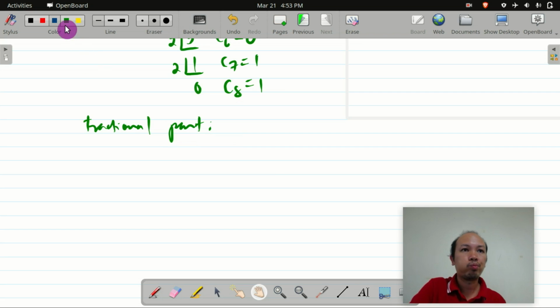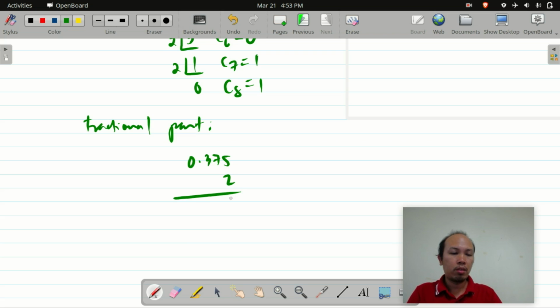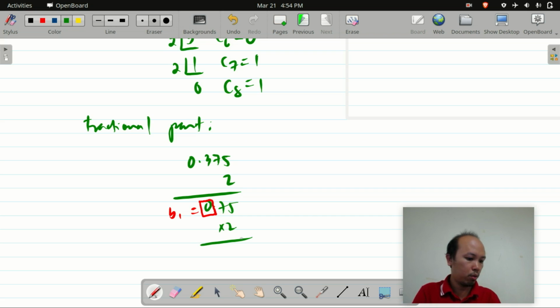So 0.375 times 2, we have 0.75. This is our b sub 1. Again, we multiply by 2, we have 1.5.